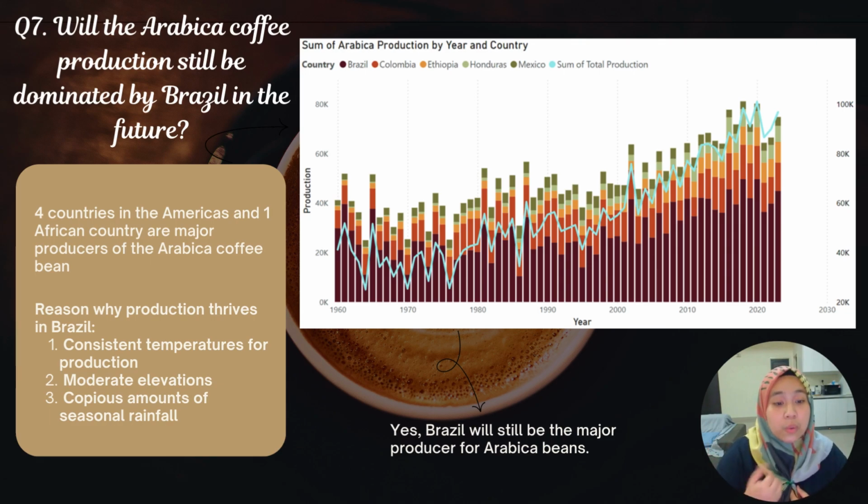From the dataset, we know that while Brazil is and will admittedly continue to dominate the Arabica market production, there has been evidence of it being overtaken by Colombia, as illustrated in the line and stacked column graph in the years 1976 and 1986, albeit by a small margin.